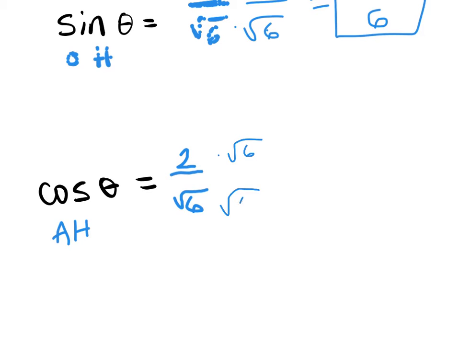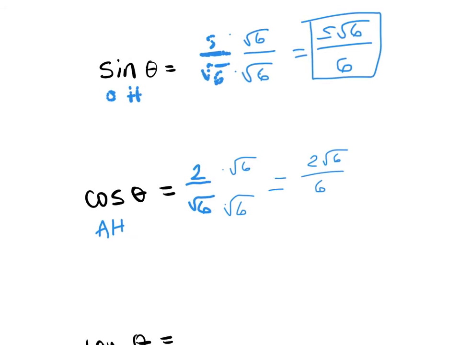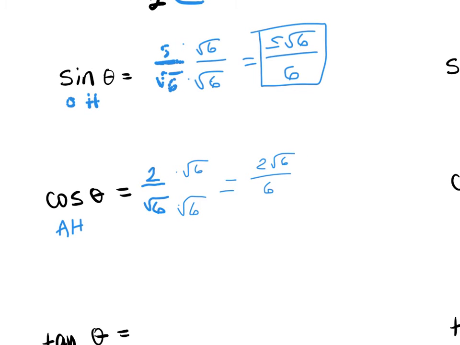So we multiply the top and the bottom by square root 6. So we have 2 square root 6 over 6. Can we simplify this? Yes. What does it simplify to? Square root 6 over 3.